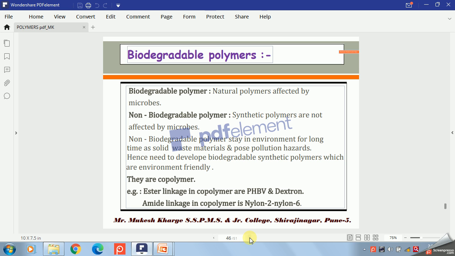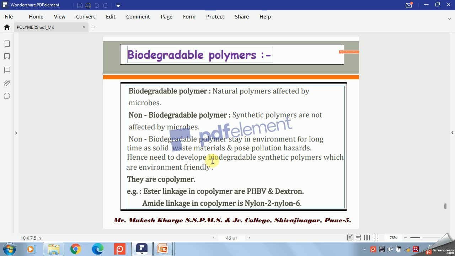Then the last point of this topic is biodegradable polymers. So biodegradable polymers are natural polymers. They are affected by microbes and they can easily degrade. But non-biodegradable polymers are synthetic ones and are not affected by microbes. Non-biodegradable polymers stay in the environment for a long time as solid waste material and they create pollution hazards.